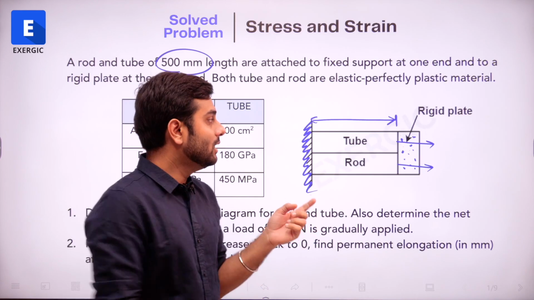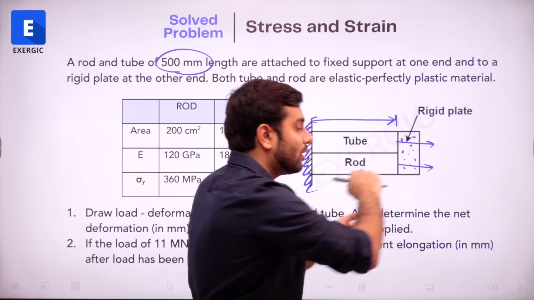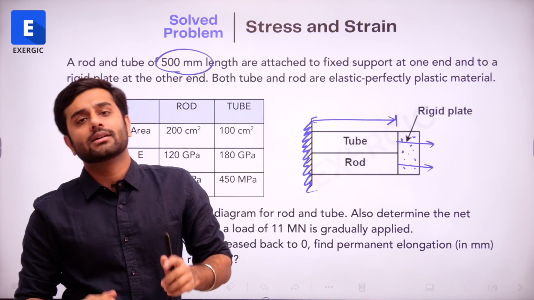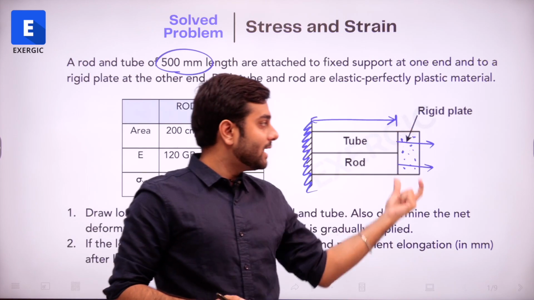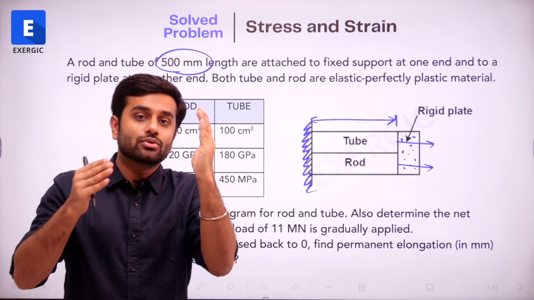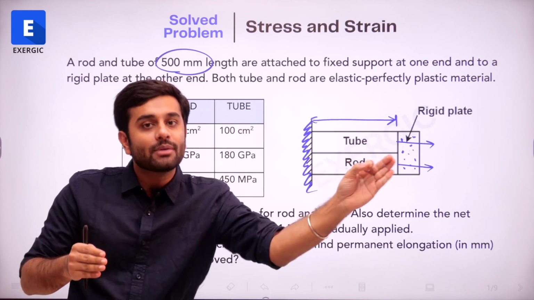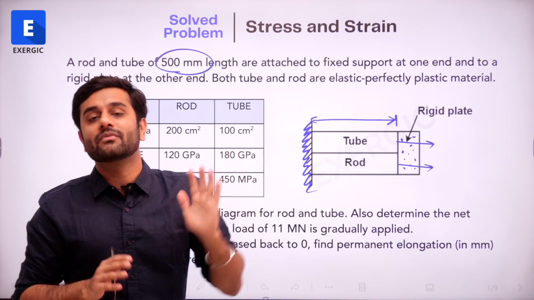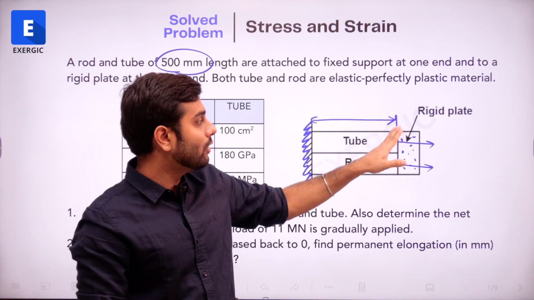So it is not possible that the tube will elongate more, the rod will elongate less, and the plate will get bent. It's not going to happen. So the rigid plate is going to ensure that both of them deform with the same amount of length, with the same value. This is the significance of the rigid plate.